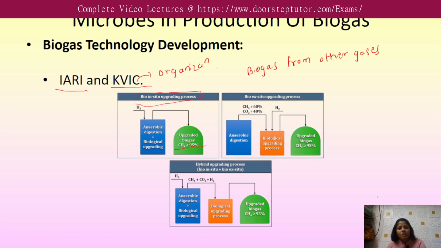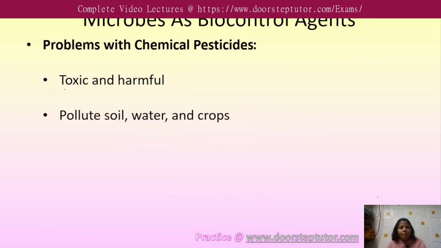Also we added hydrogen, process them and produce the biogas. Then the hybrid upgrading process involves in situ and ex situ processes, where we can separate biogas from other gases. As you can see over here, H2, hydrogen gas, methane and carbon dioxide are involved in this process.